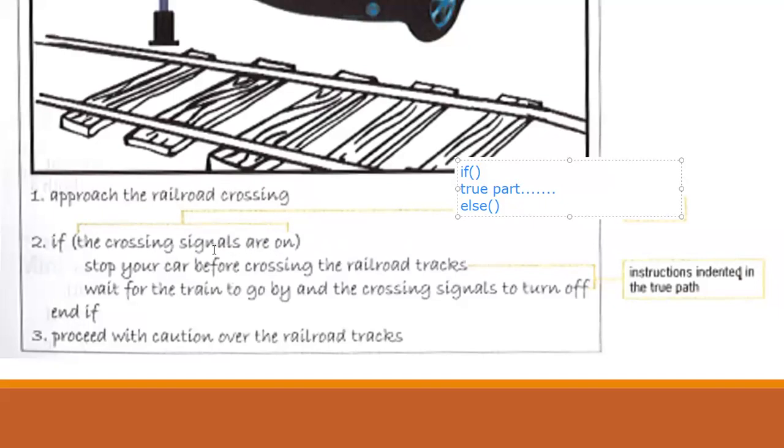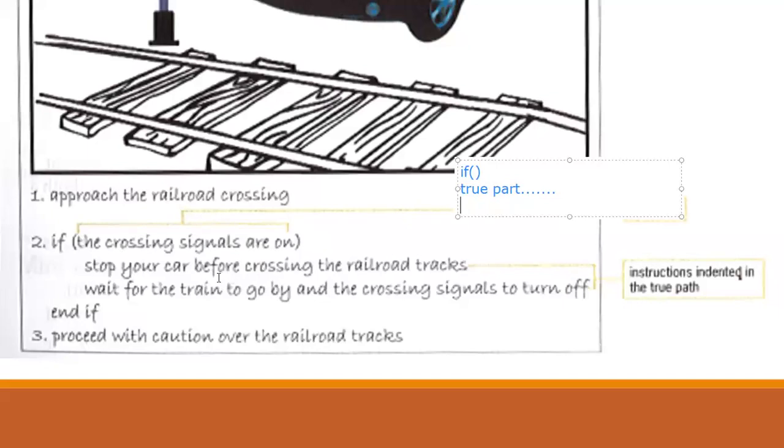There are two possibilities. If the signals are on, you cannot move. Here there is only the true part; you can't break the rules. So we don't have any false part here. In the true part you introduce the sequence: stop your car before crossing the railroad tracks, then wait for the train to go by and the crossing signals to turn off.